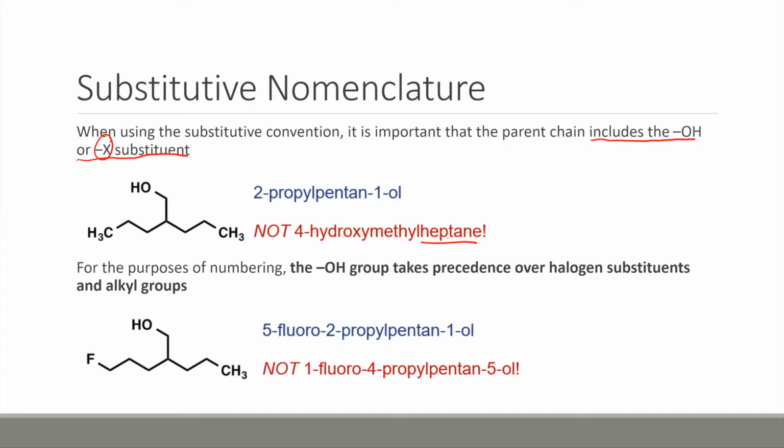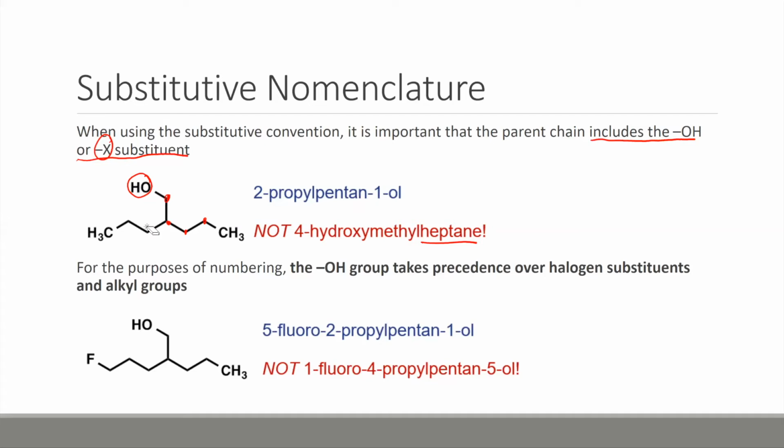However, you have to use the chain where the OH or the X is directly connected. So here you can see that there's a carbon that spaces out where the OH is and where this main chain is. So the OH is not directly connected down here.